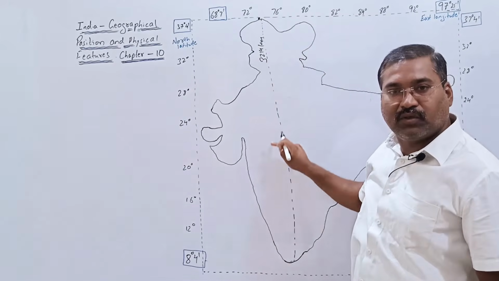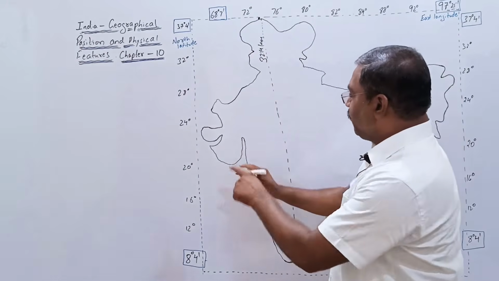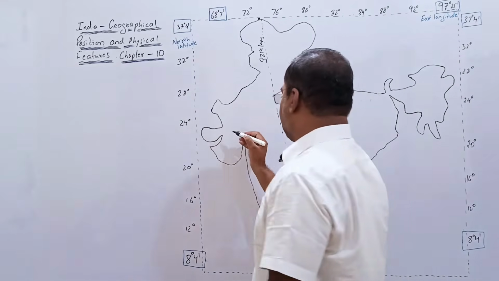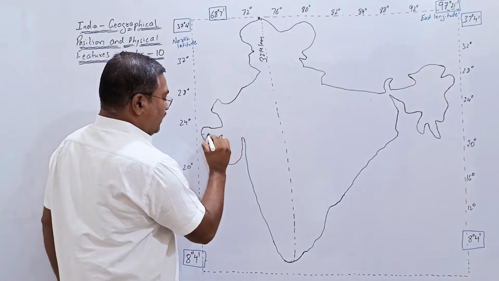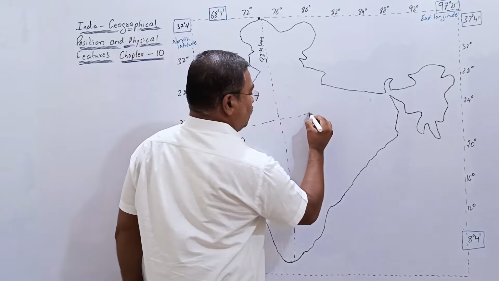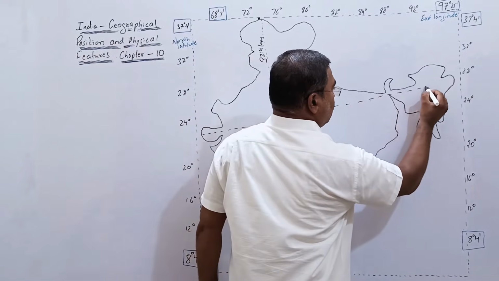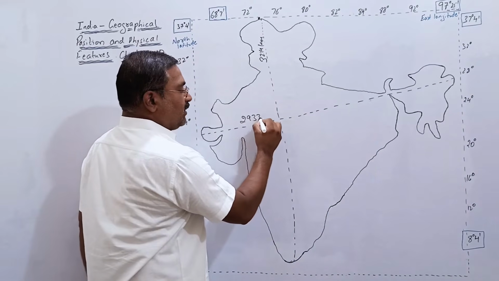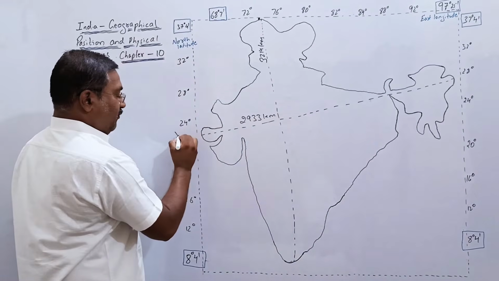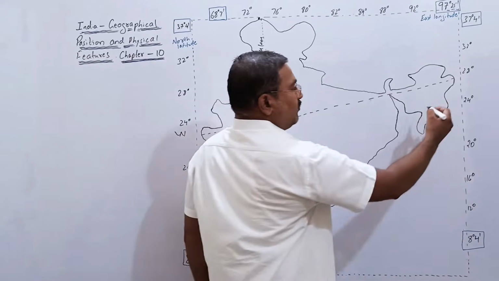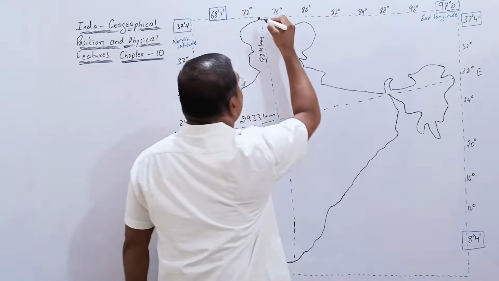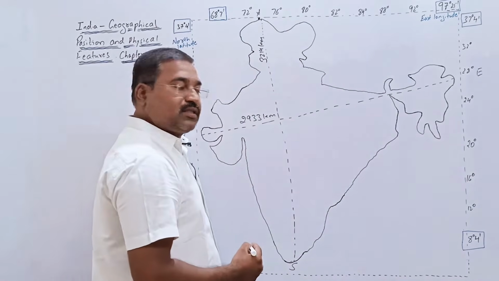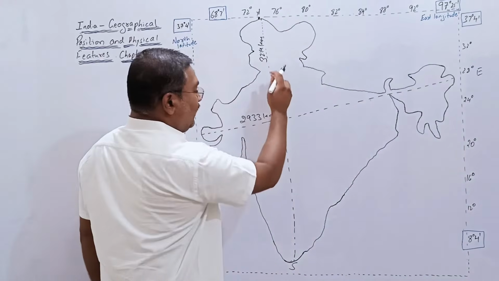From west to east, or from east to west, if we see its length, it is 2933 kilometer.